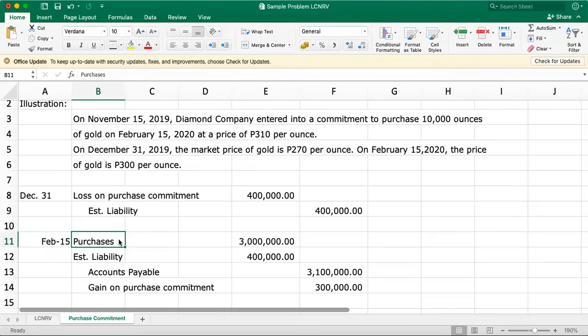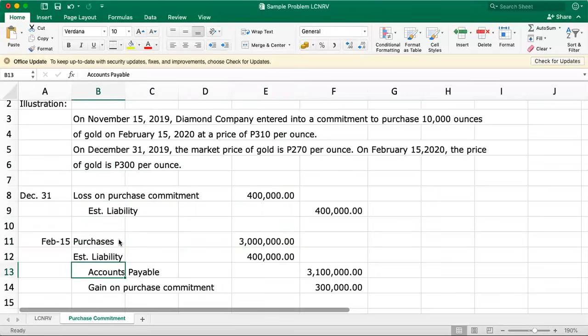So on the actual purchase on February 15, purchases is recorded at the lower between the fixed amount or the actual cost of purchase. The fixed amount is 310 pesos, the actual cost of purchase is 300 pesos, so 300 is lower. That's why 3 million. The estimated liability is debited at 400,000.